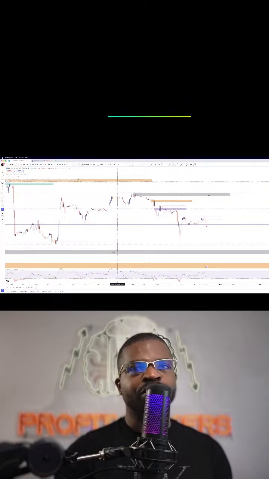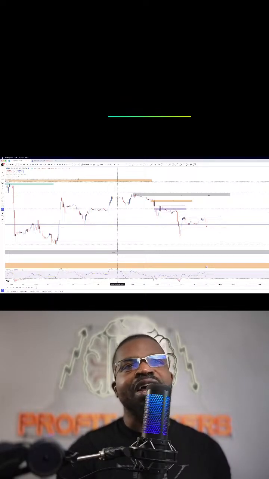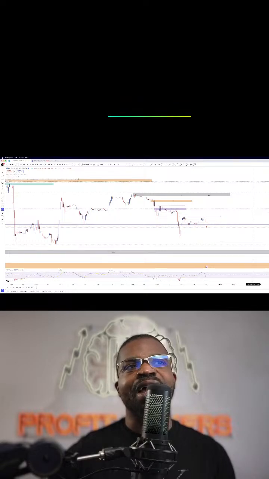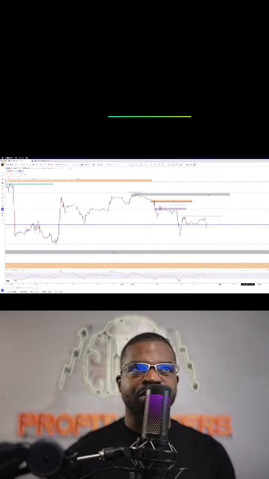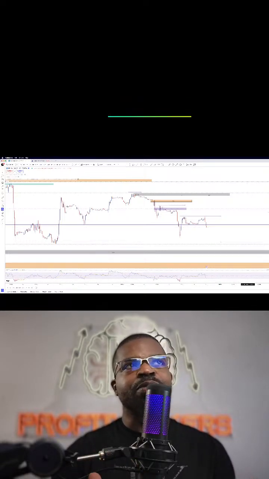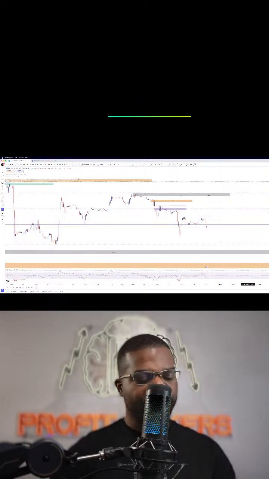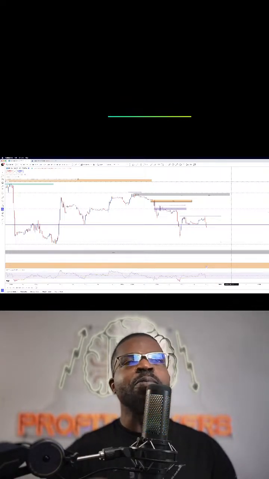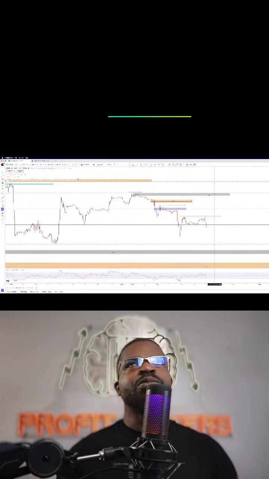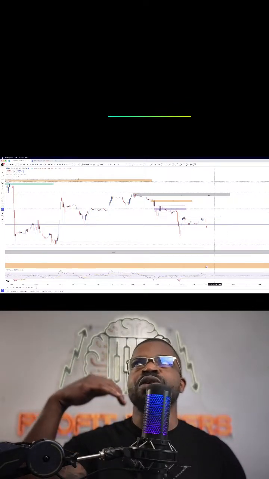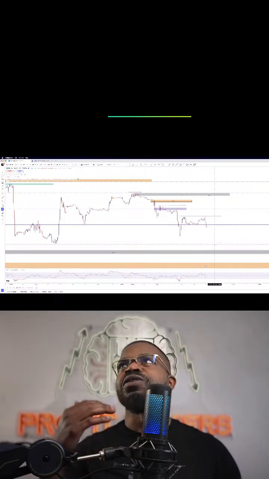The things that you would use to confirm or find your trade setups, nothing is different. The only difference is the amount of money that's on the line, and that's what makes traders get a little antsy about it. But as long as you follow the same concepts with our risk reward, you're fine. And they also have minis on the broker that we use, so you can still trade US 30 without putting up the entire risk on it.